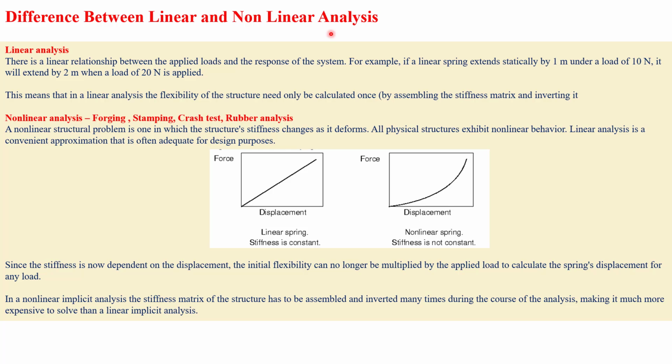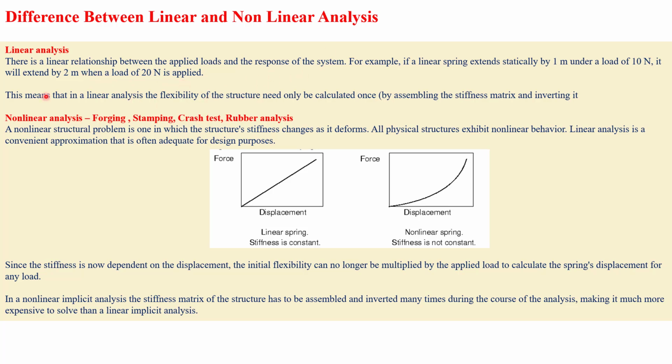Next, this is the difference between linear and non-linear analysis, very important. When it comes to linear analysis, there is a proportional relationship between the load and the response. If you consider the example, let's say we have a deformation of 1 meter with respect to a 10 Newton load. In linear analysis, if you consider 2 meters, then the load will be 20 Newtons, so it is proportional.